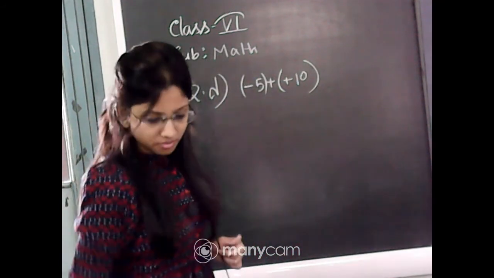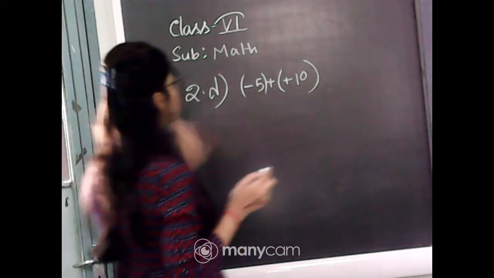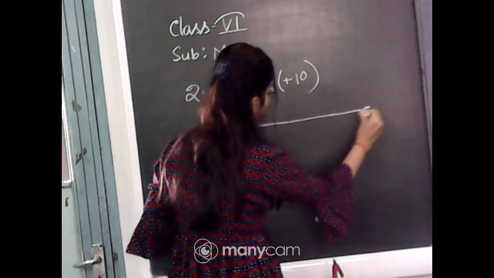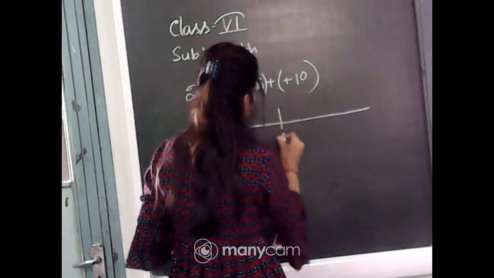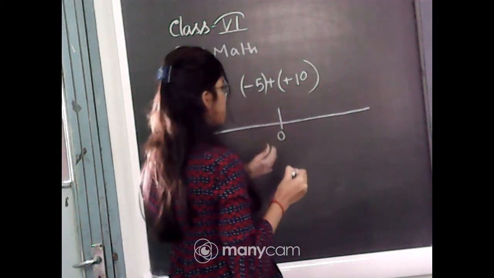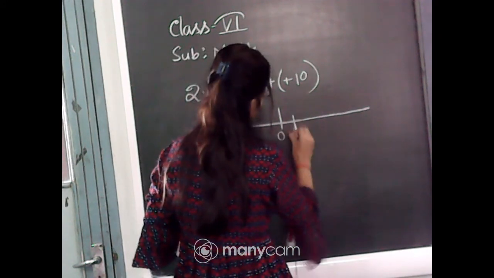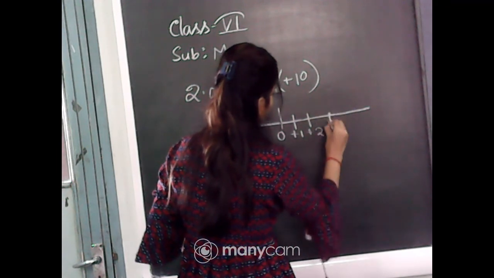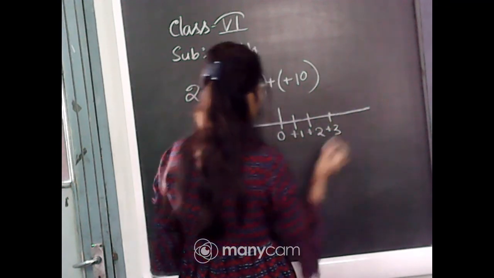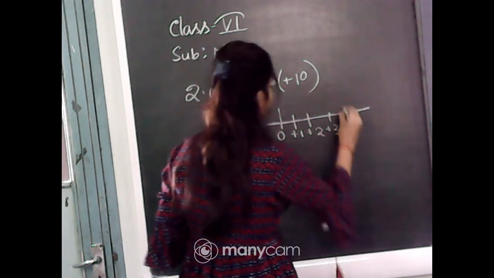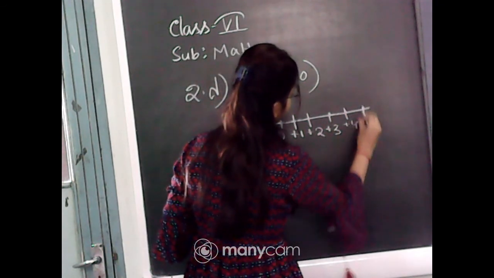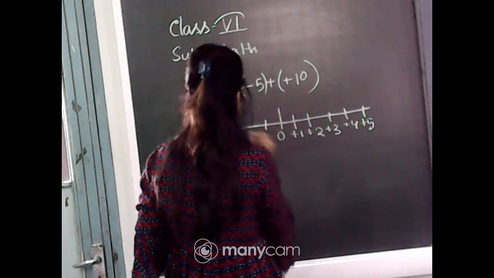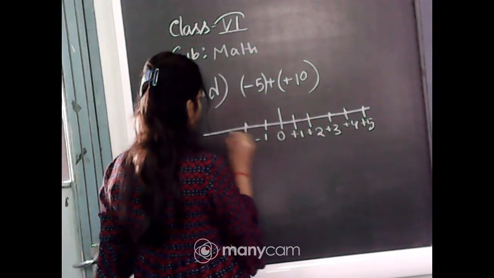For this, we first draw the number line and mark a point 0 on it. Points to the right of 0 are positive integers, and to the left of 0 are negative integers.